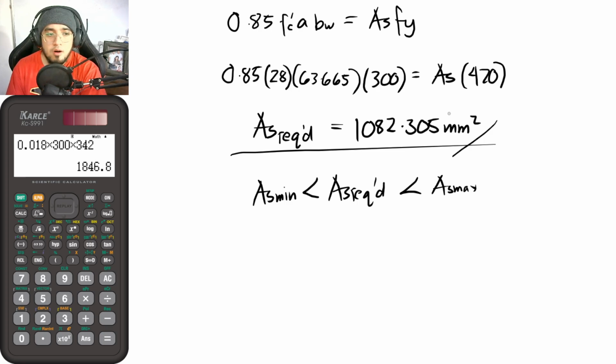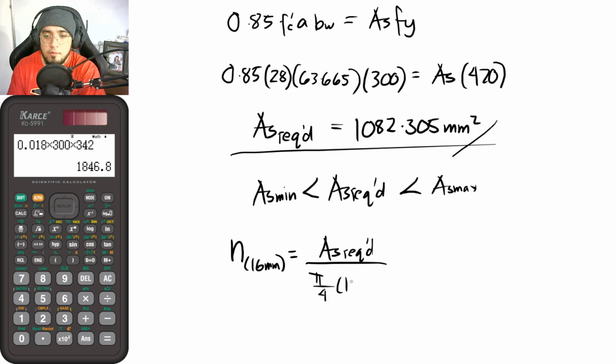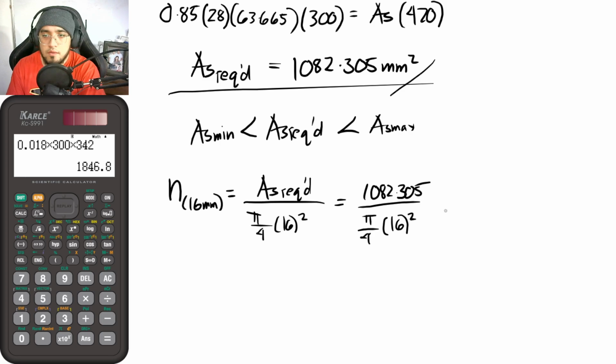Since we are solving for the number of rebars, the number of 16 mm rebars is equal to As required divided by the area of one rebar. That is pi over 4 times the diameter of bar squared. So this is 1082.305 divided by pi over 4 times 16 squared.